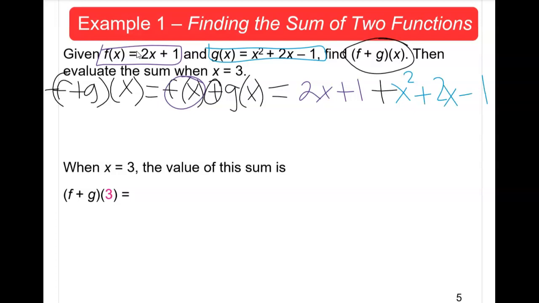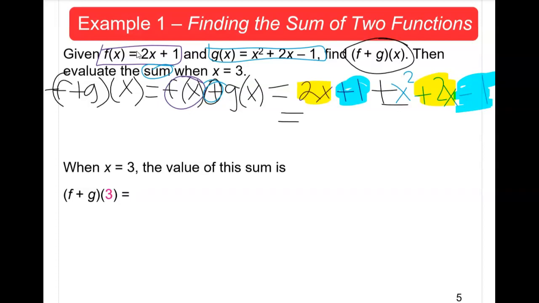Since we're finding the sum, the addition of two functions, we don't need to be so concerned about using parentheses around our functions. So we're going to combine like terms, and we have 2x plus 2x. Those two are like terms because x is to the power 1. And then we also have plus 1 and a minus 1, which happen to be opposites, so they cancel out, they equal 0.